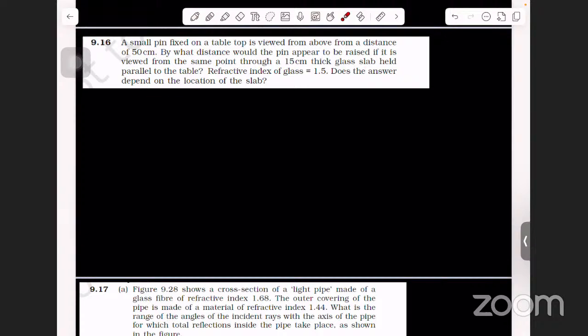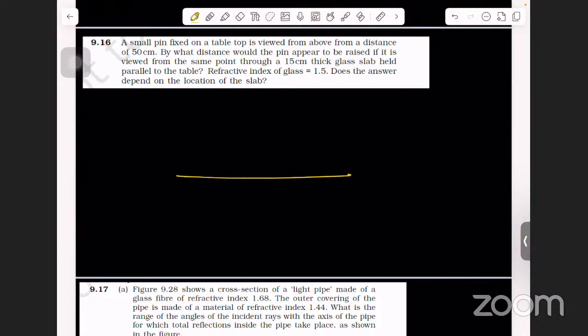Okay. The next question says, a small pin which is fixed on a tabletop is viewed from above from a distance of 50 centimeters. By what distance would the pin appear to be raised if it is viewed from the same point through a 15 centimeter thick glass slab held parallel to the table?